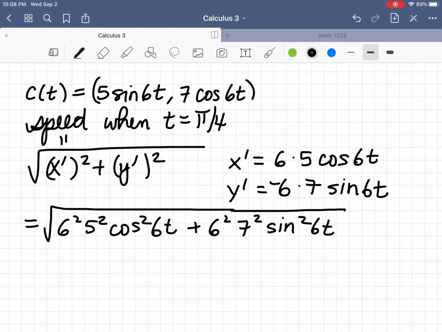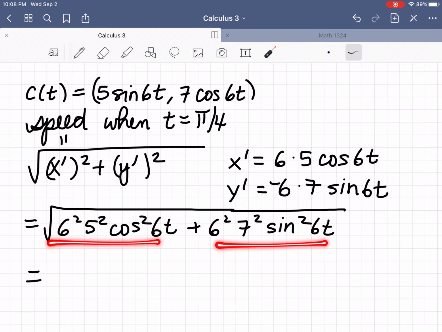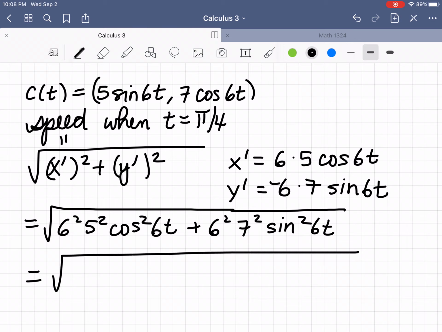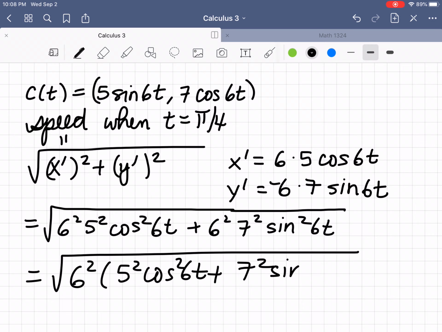So next, we can see that here you can factor out 6 squared from both of these terms in the sum. And so we're going to factor out 6 squared. You end up with 5 squared cosine squared 6t plus 7 squared sine squared 6t.